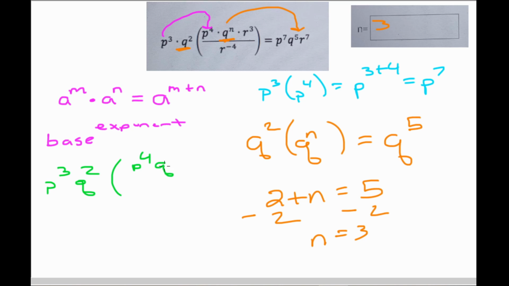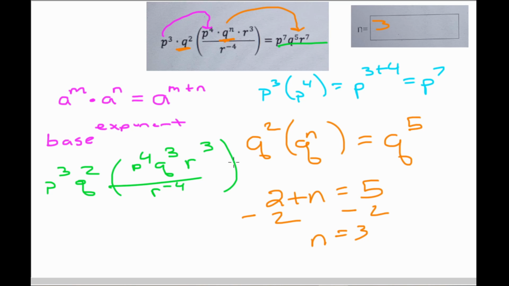And now here we're going to make that substitution for n. Put that as a 3. This is R to the third over R to the negative 4. And we're going to see if we do end up with this when we distribute the Q^n.